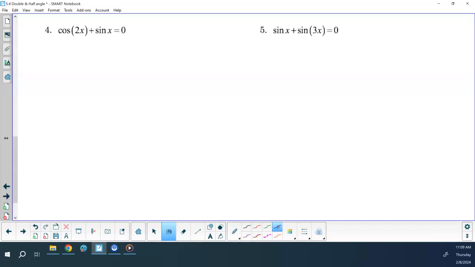Okay? So I think this is what you're saying. Sine of x plus sine of the quantity 2x plus x equals 0. Is that what you were saying? Because that's what I heard. Okay? Like that. Now what?